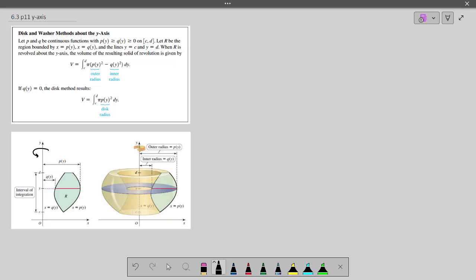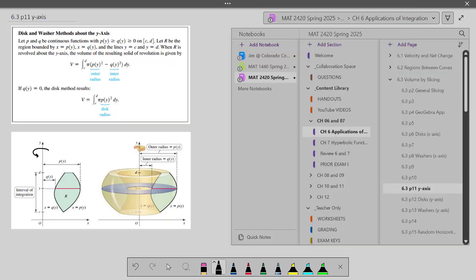Pi times the radius squared. In this case, the radius is given by this function that's measuring sideways. So it's a function of y. It's an x value. So x equals p of y. That's an x value measuring horizontal distance as opposed to measuring vertical distance. So that's the layout. Let's try it.